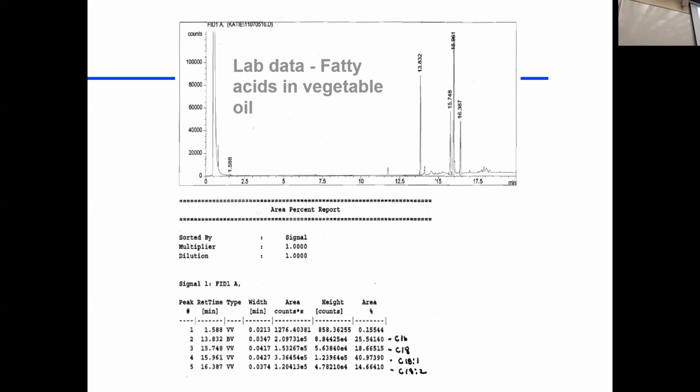So some of you will have chromatograms that look like this. Nothing up front, but then we got fatty acids down here. C16, 18, stearic acid, 18 with 1 double bond, 2 double bonds. So based on retention time, you know what your fatty acid is.